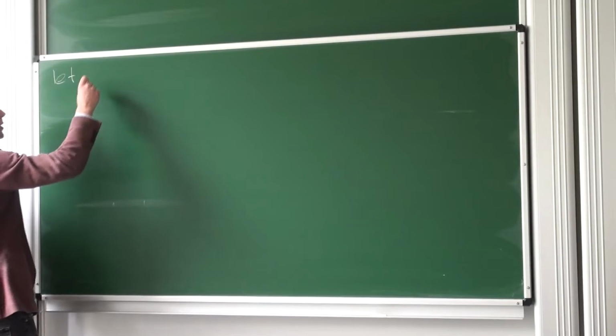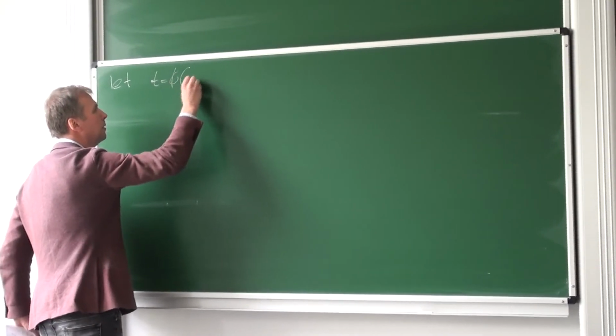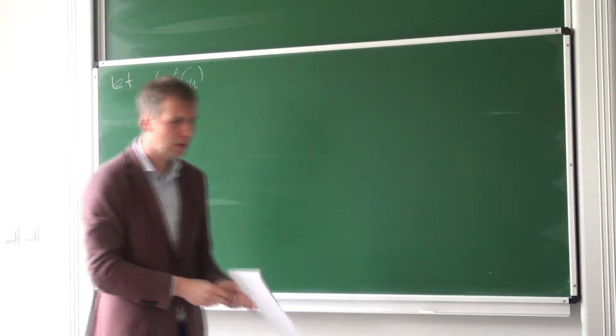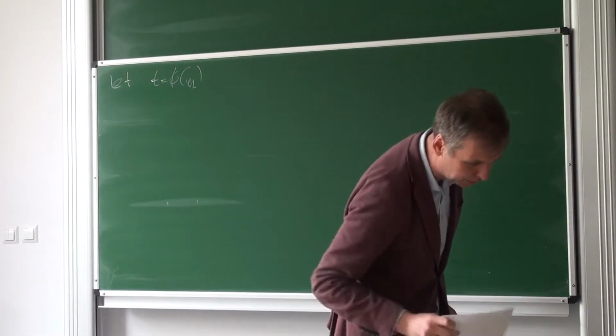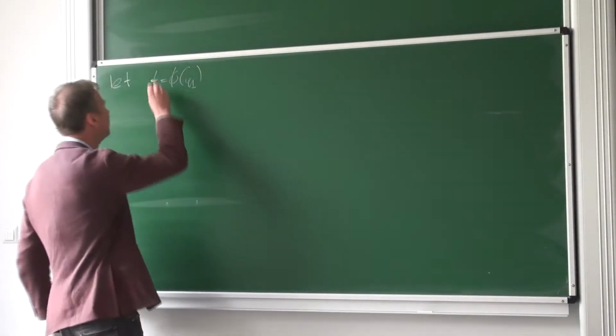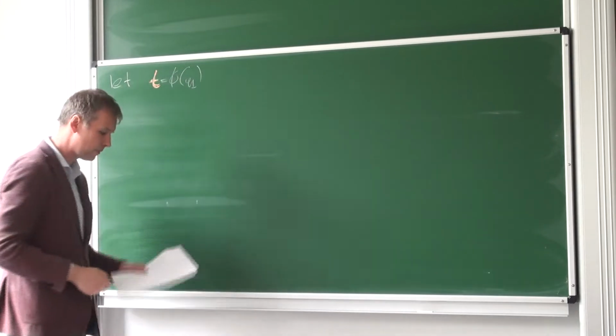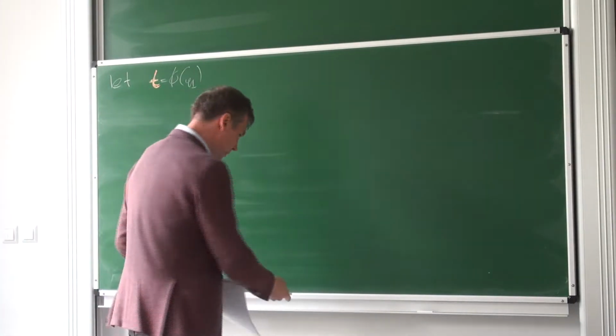Q1. So let's fix the color of Q1. T is the color of Q1, and then to have some narrative, let's say it's orange. T is orange, okay? What do we know?